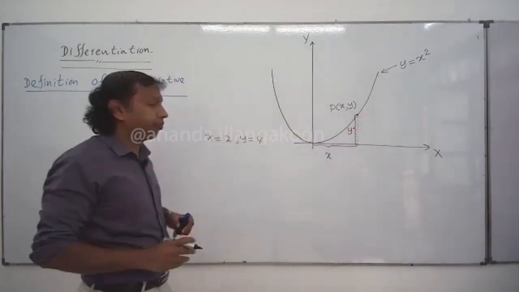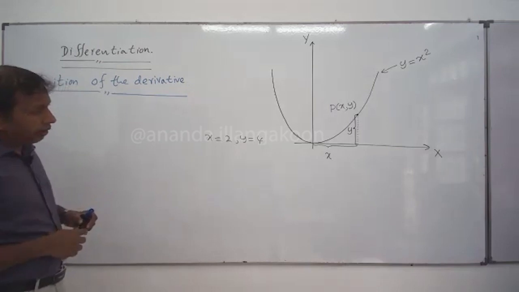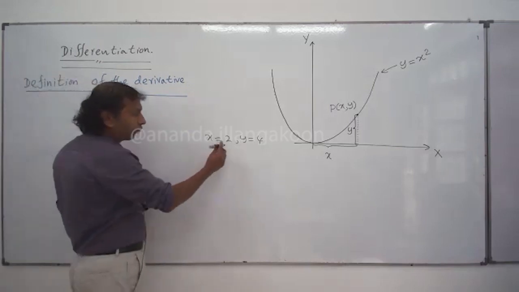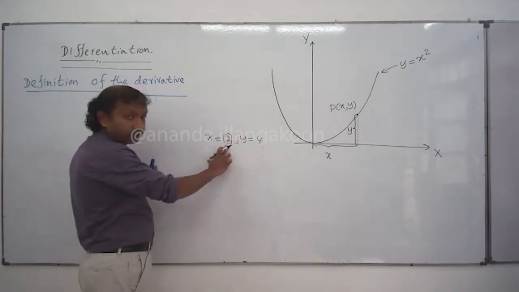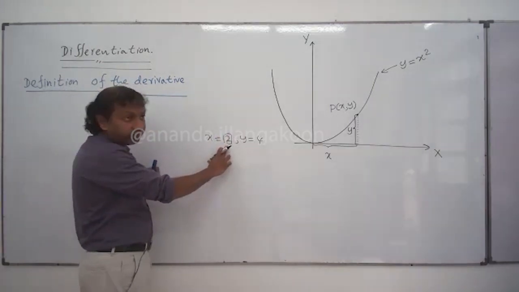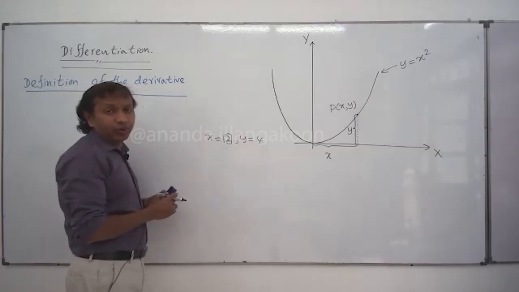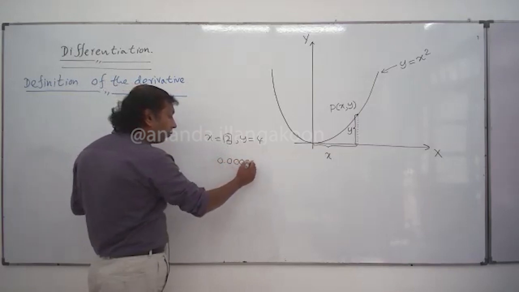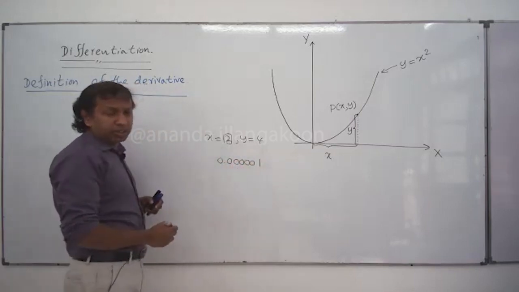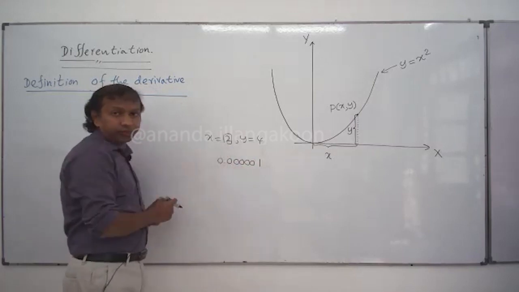Okay, right. Now what I do next is, people, I increase this x value we took as 2. I increase this x value by a very, very small value like 0.000001. By a very small value, I increase this present x.